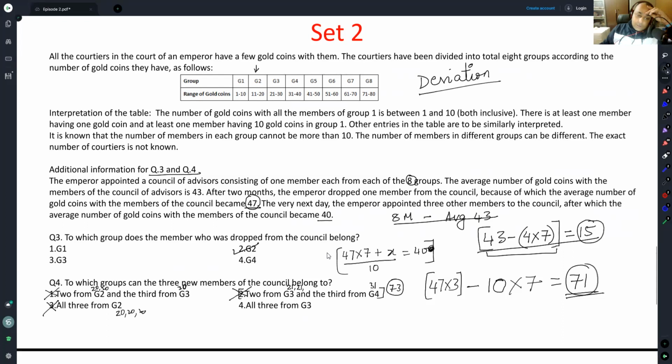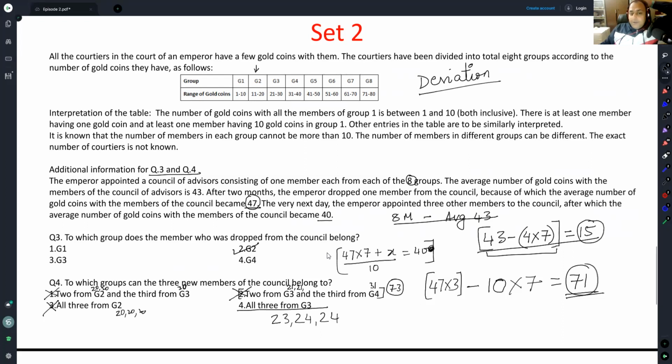So this is also wrong. And finally, we are left with G3. And now you can see if I had taken 23, 24, 24, yes, I've got 3 people from G3.